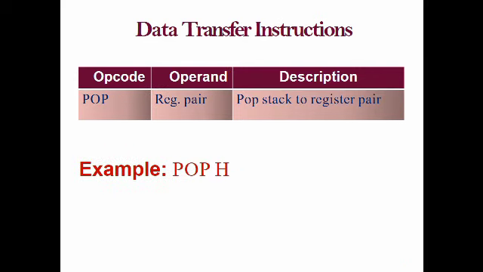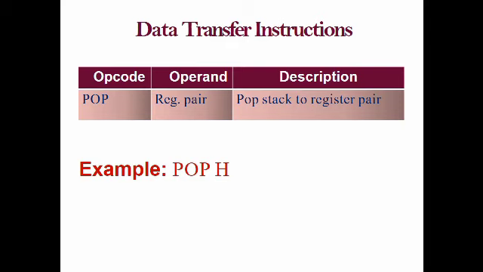Next instruction is the pop instruction. The pop instruction will pop up the stack to the register pair. Okay, so register pair once again is the same as was applicable in case of push instruction. Here in this particular case, the contents of the top of the stack are copied into the register pair. The contents of the location pointed by stack pointer are copied to the lower order register.